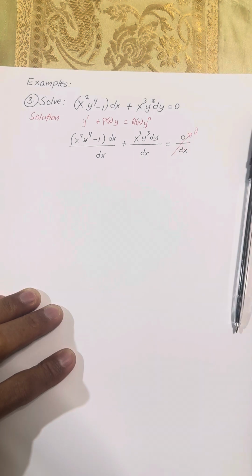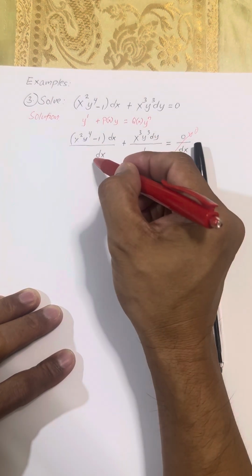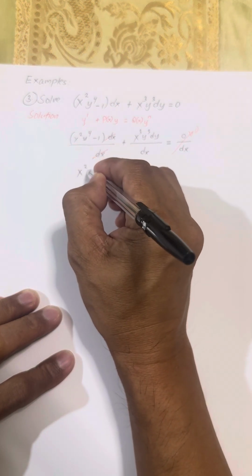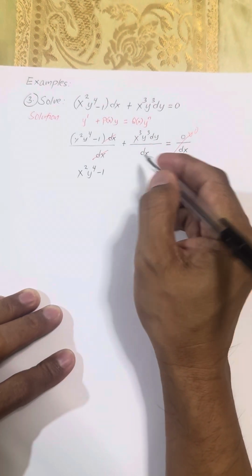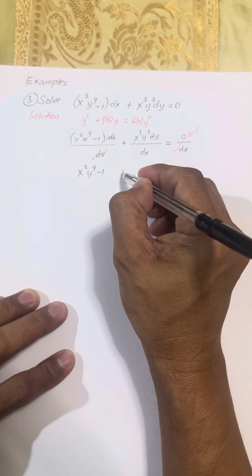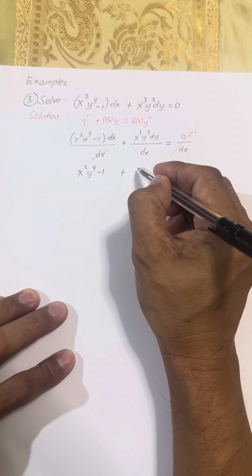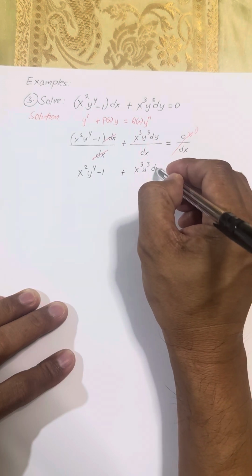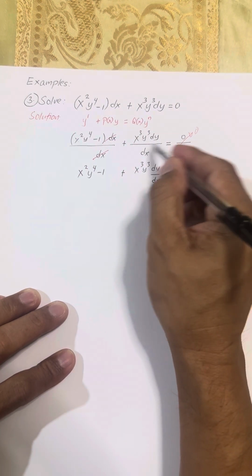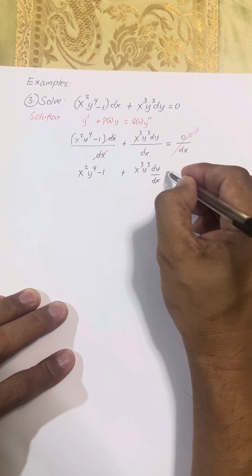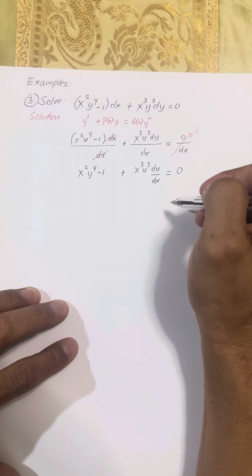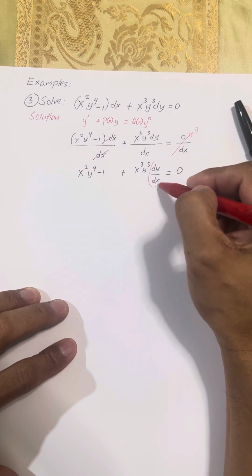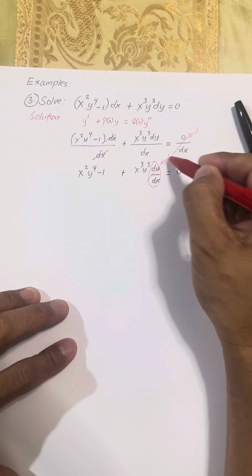Here dx and dx cancel out, leaving us x squared y to the fourth minus 1 for the first term, plus x cubed y cubed times dy over dx, equal to 0. We have dy over dx, which is just equal to y prime.